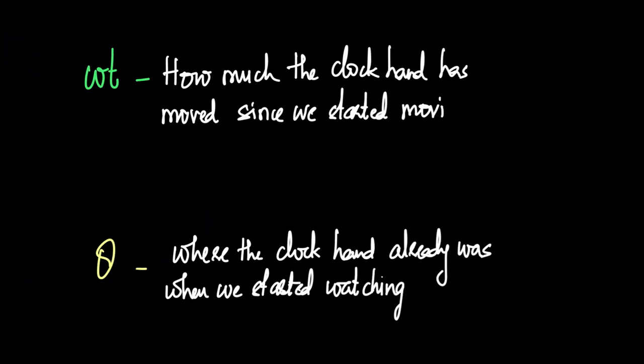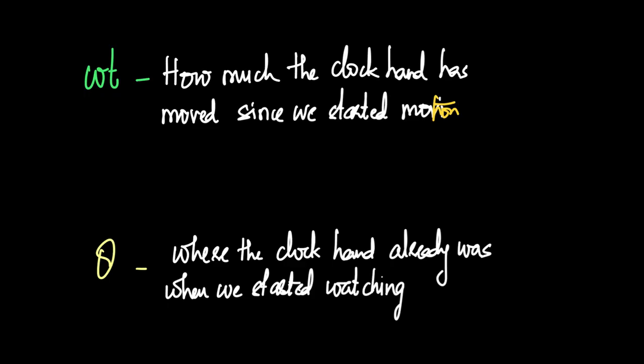Now, omega t relates to how much the clock hand has moved since we started the motion. Phi zero represents where the clock hand already was when we started watching.